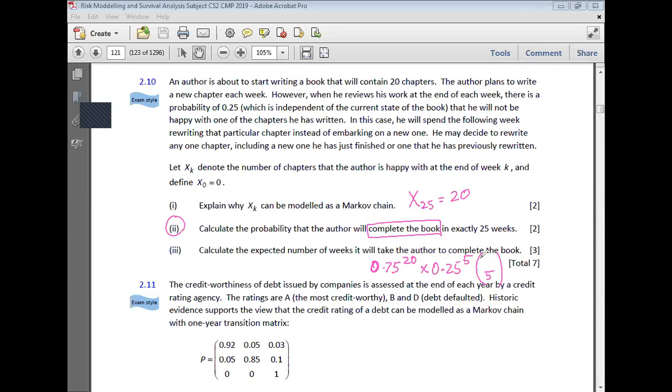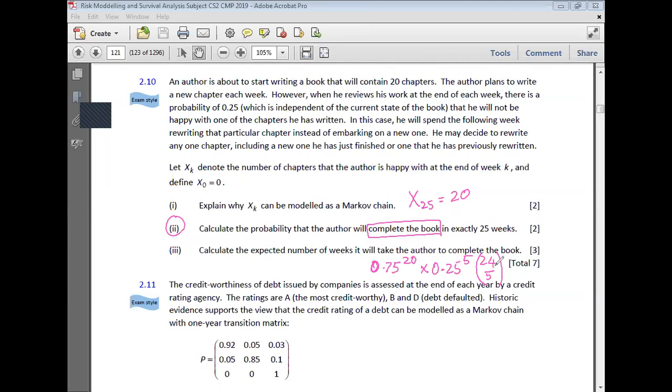So again, this is a bit weird because you will have 24 here, not 25.